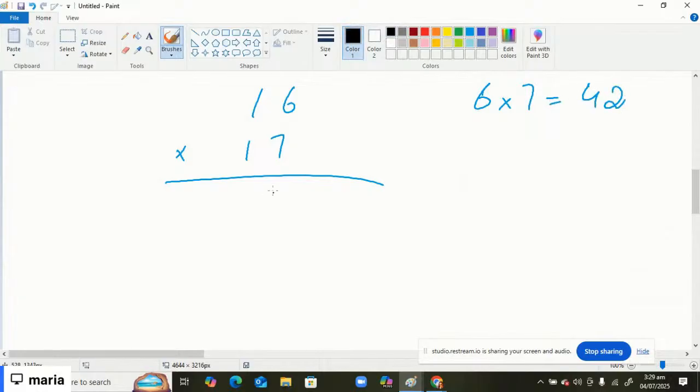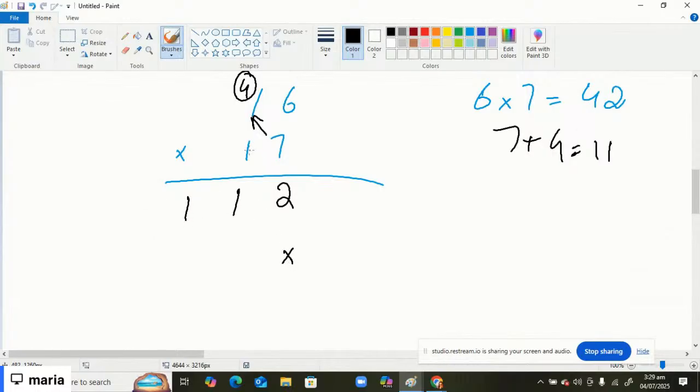Now, which number are you going to put down and which number moves up as a carry? Putting 2 here and 4 moves up as a carry. Now, 7 times 1 is 7 and plus 4 is 11. So putting it here, the full 11.